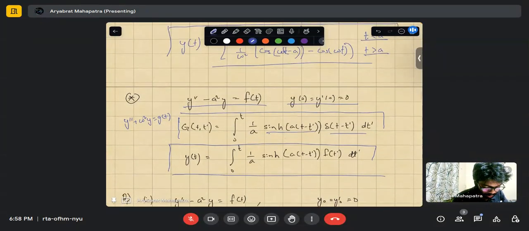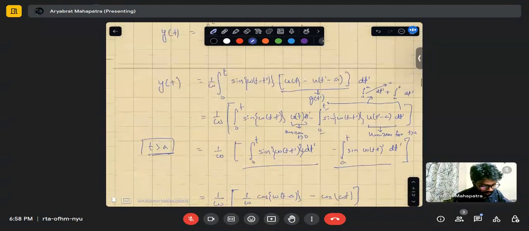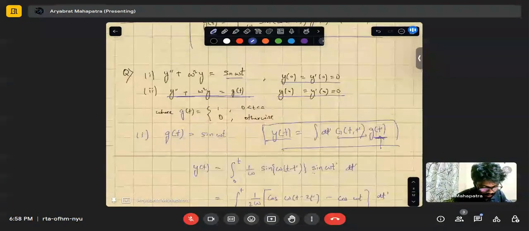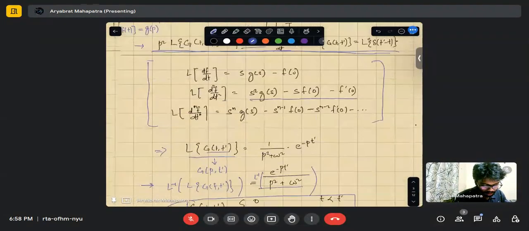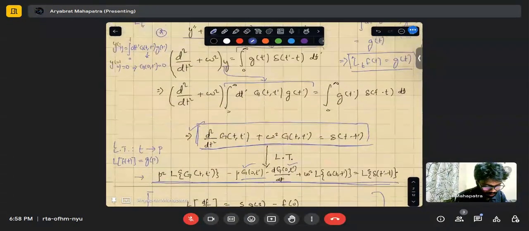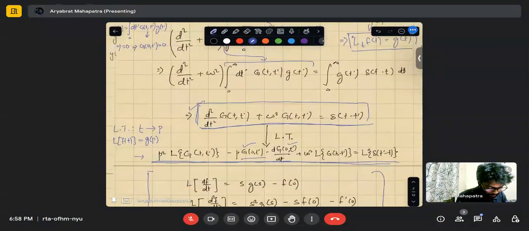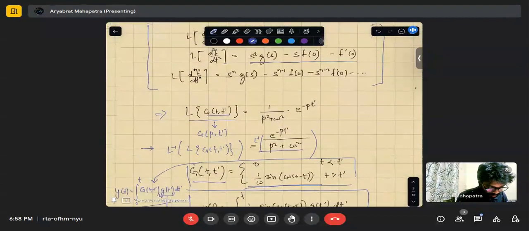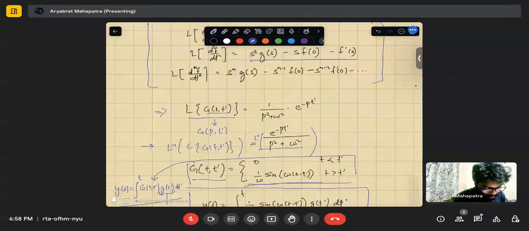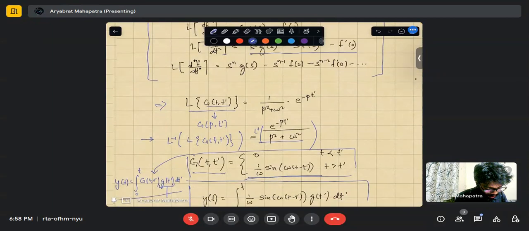Only in this Green function, this sine hyperbolic will appear instead of sine omega, and I can also tell you exactly at what point we will find the difference. Right here. In this part, when we were taking this inverse Laplace, we got 1 by omega sine omega (t minus t prime).